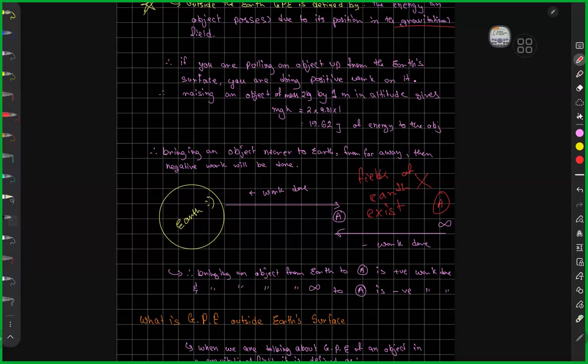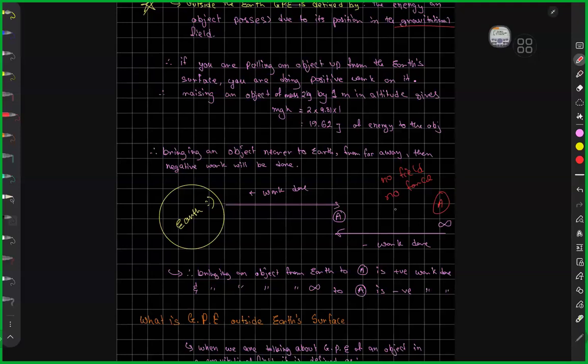So does object A feel any force due to Earth? No. No field, no force. So object A is free at infinity. But does that mean object A at infinity has any energy?